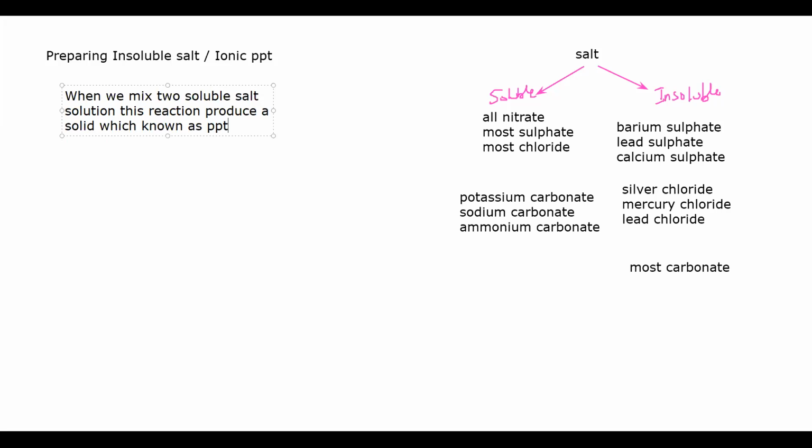Ionic precipitation means when we mix two soluble salt solutions, this reaction produces a solid, and this solid is known as precipitate.